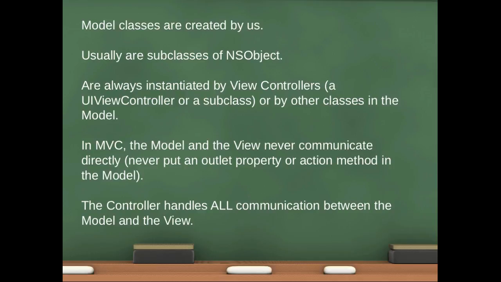There are a couple of design patterns we use for models and controllers and views and controllers to communicate to make sure that the controller gets the message back and forth between the view and the model. These two design patterns are called delegation and target-action. We'll talk in detail about these design patterns in upcoming units of the course. So the basic message here is the controller handles all communication between the model and the view.